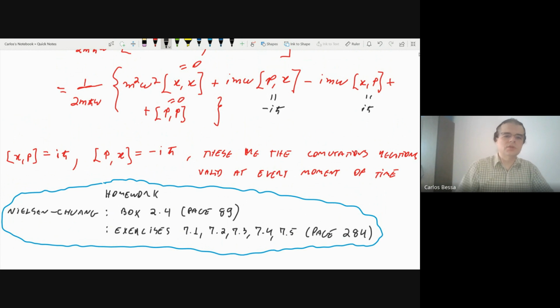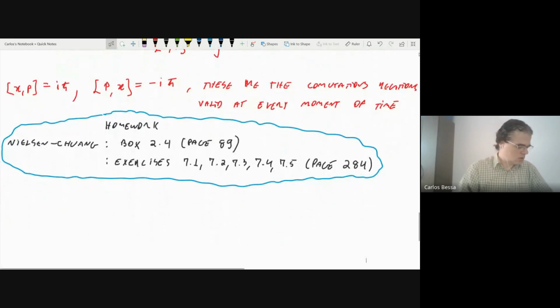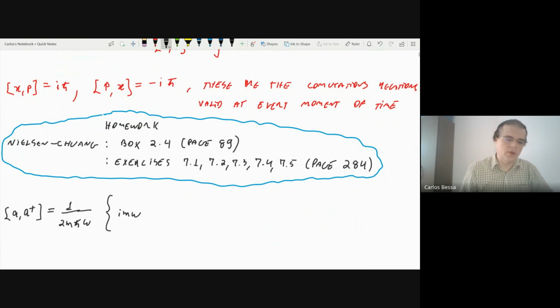So I will use this here, and I will find that the commutator of A and A dagger is 1 over 2m h bar omega times i m omega multiplied by minus i h bar minus i omega multiplied by i h bar.